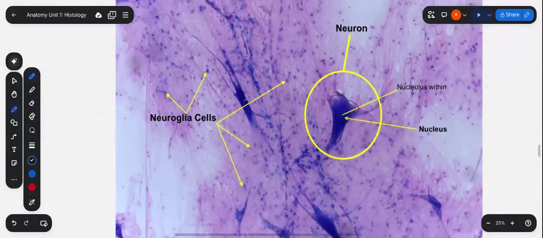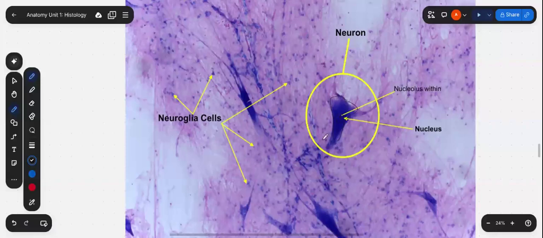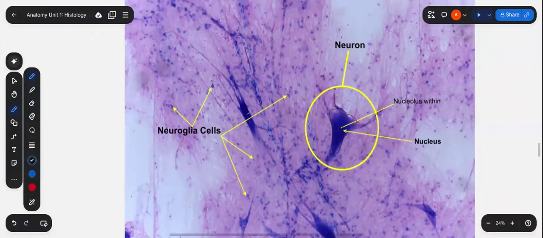And then you have your dendrites and axons. For this course, you will not be asked to differentiate just because it is very hard and you would need to identify the axon hillock before you could identify the axon. So these extensions coming off of the cell body, these could be considered to be axons or dendrites. Either or goes. Next, you have your neuroglia.